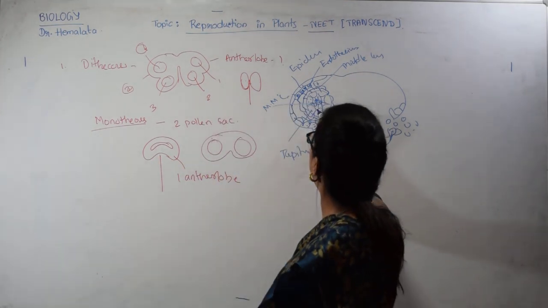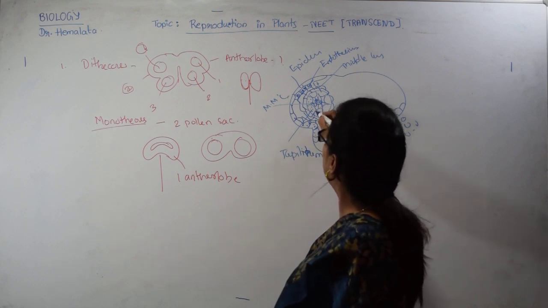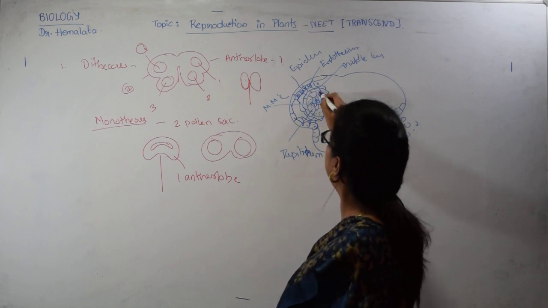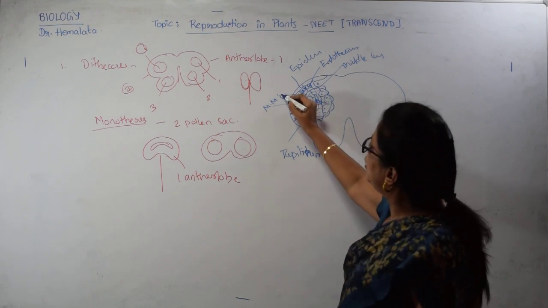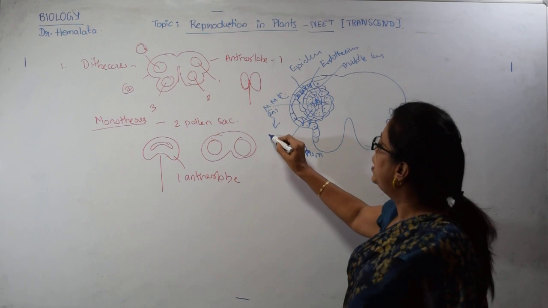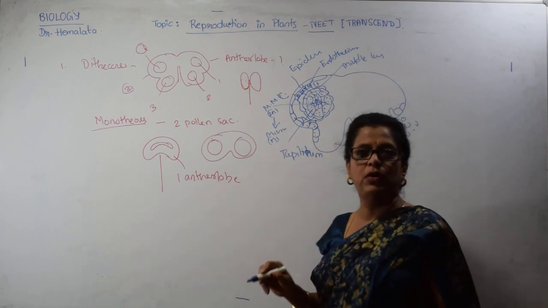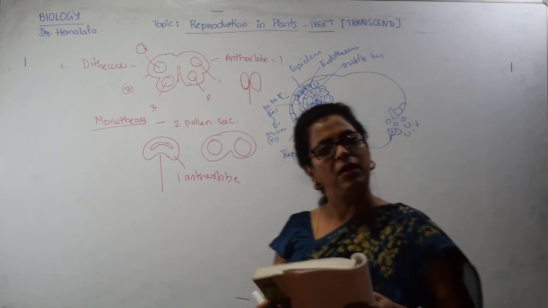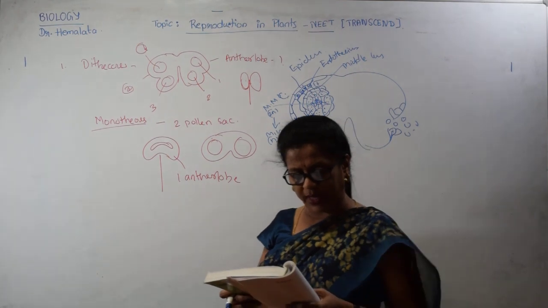Therefore, this tapetal layer will not help in the production of microspores or the pollen grains. They are the nourishing cells. Only these microspore mother cells that are diploid undergo meiosis and form haploid microspores, which are n number. Therefore, the third statement given here is not correct. It is incorrect. Okay, now we will move on to the next one.